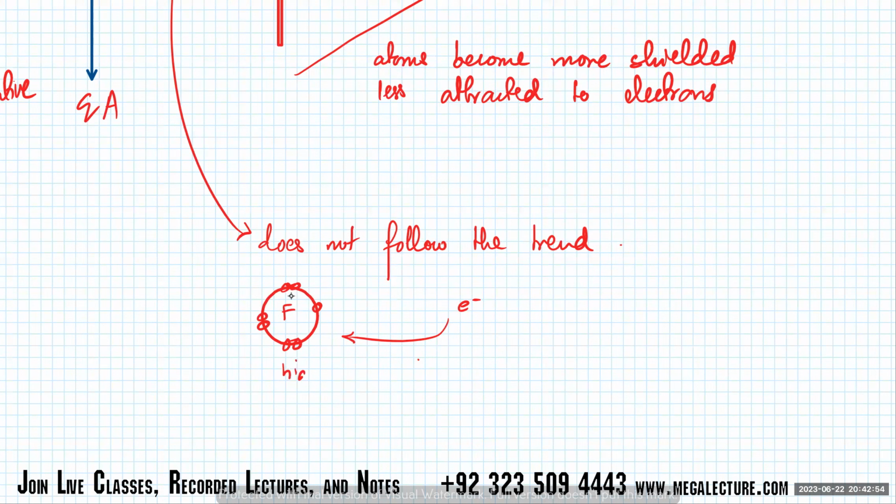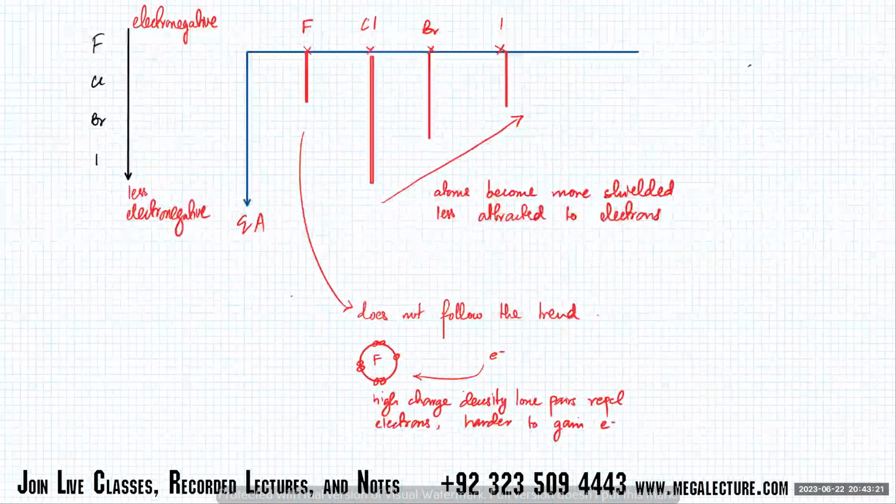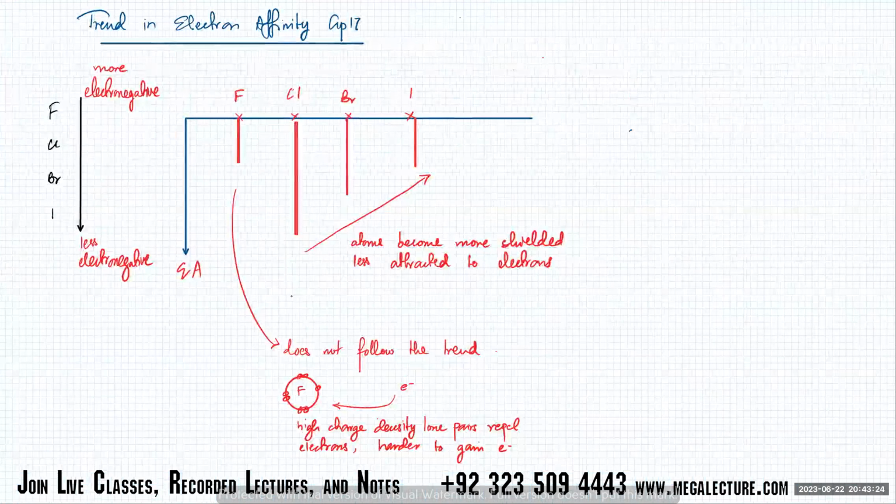These high charge density lone pairs, so crowded together because of the small size, repel electrons from outside. So it becomes more difficult to gain electrons. So that's why fluorine is an exception.